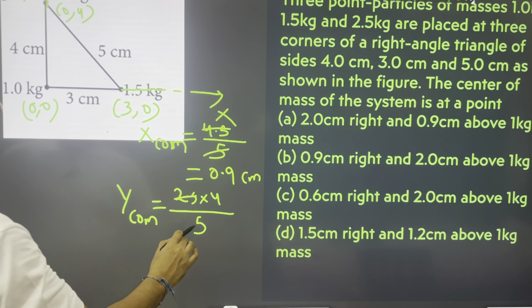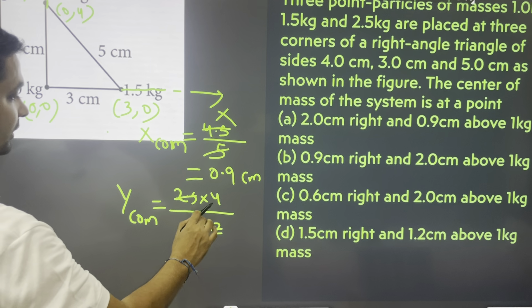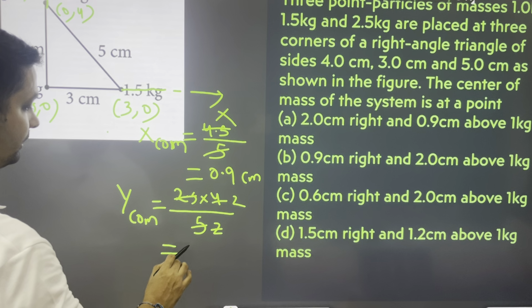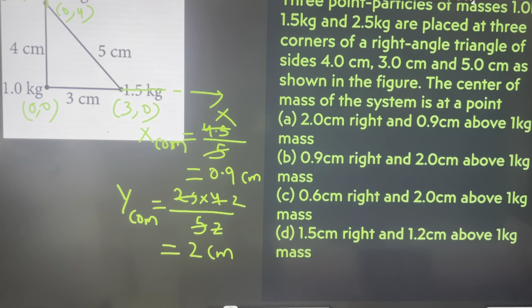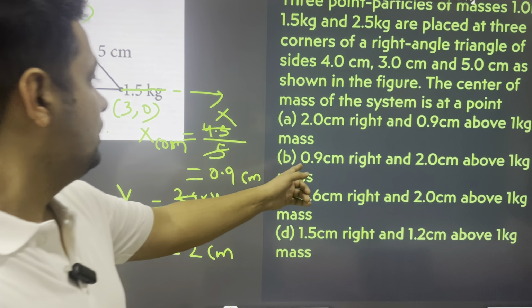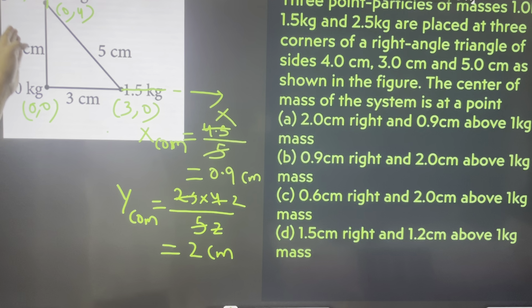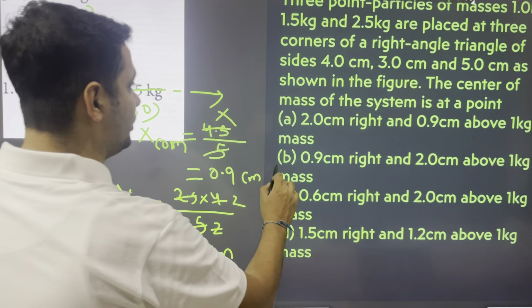So 10 divided by 5 is 2 centimeter. So on the y axis it is 2 centimeter above the 1 kg and 0.9 centimeter right of the 1 kg. So option B is the correct option.